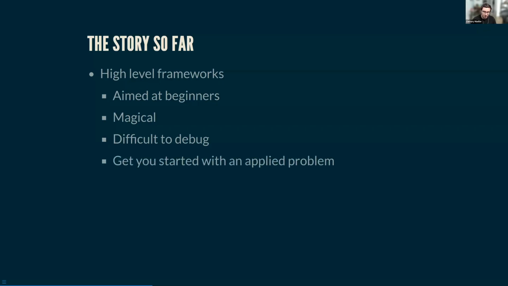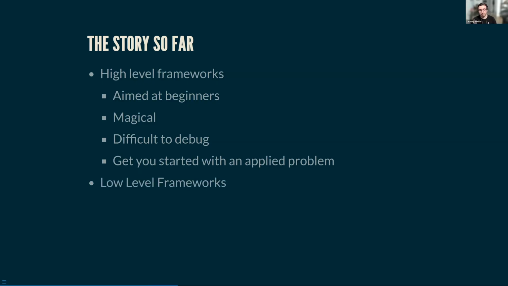However, even though those are all negatives, the big proponent and intrigue of high-level frameworks is they get you started with an applied problem, right? They get you into working with data, into working with models, and getting your feet wet.